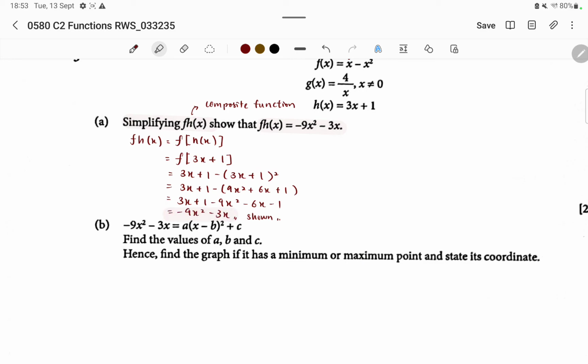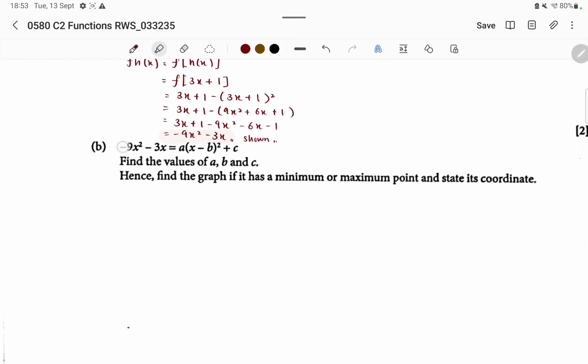Okay, B. They give you this equation, and then find the values of A, B, C. So this one is still the same, still completing the square, and then find the turning point, and then state whether it's maximum or minimum.